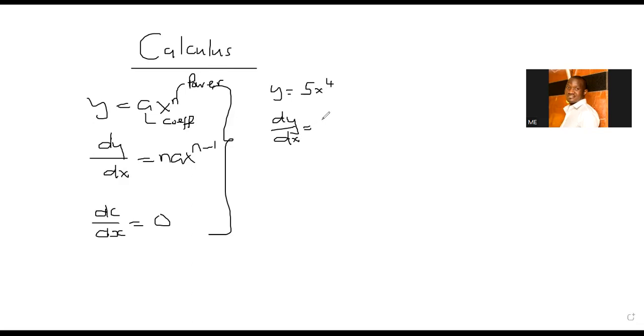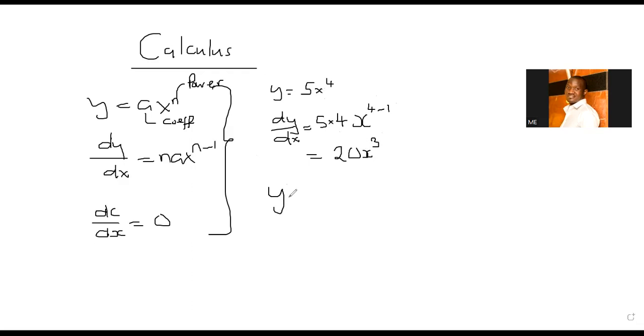So you're going to multiply the 5 times the 4, then subtract 1 from this 4. So meaning we're going to have 20x to the power 3. This is what we call the dy over dx, the letter this side against the letter that side.